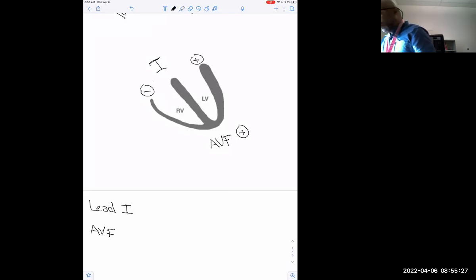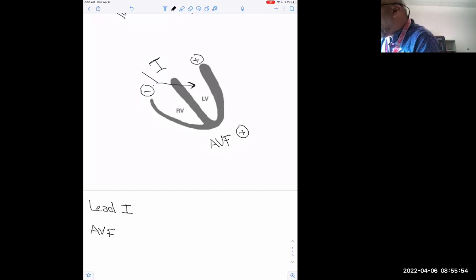So let's look at cardiac axis in the normal heart. What is normal cardiac axis? Remember we said, and this is just the ventricles, that the initial impulse comes from the SA node, and as it comes from the SA node, it goes downward and to the left.